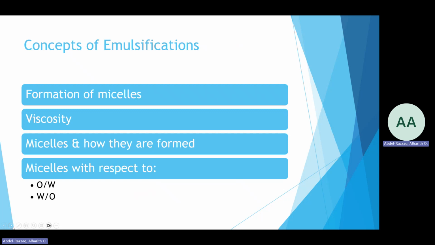And in an oil and water emulsion, the micelles themselves are going to form as spheres with polar head groups towards the outside and non-polar hydrocarbon chains on the inside. When we get our water and oil, soap-based emulsifiers are usually going to form inside-out micelles.